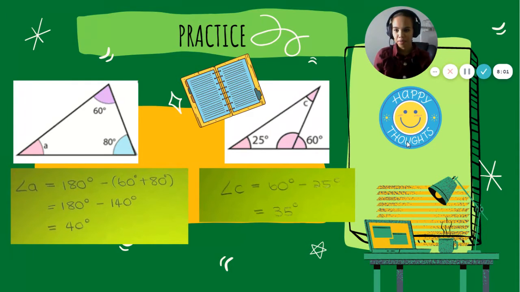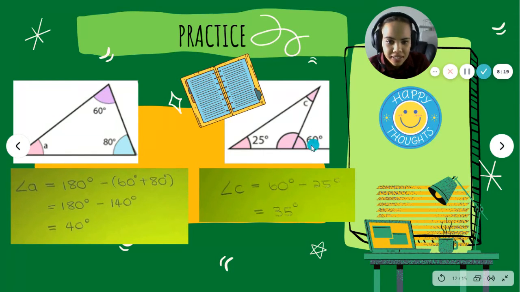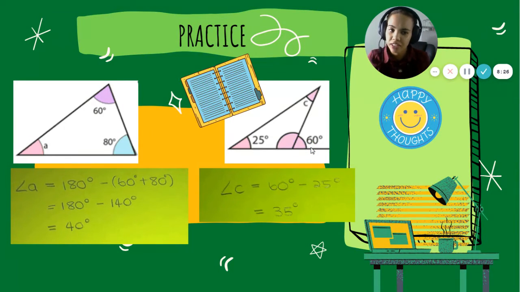Just take your time. So angle A, it's a triangle, so 180 minus the 2 put together. I got 40 degrees. Angle C. Okay, so for angle C, 60 is the external angle. This is just one way to do it.